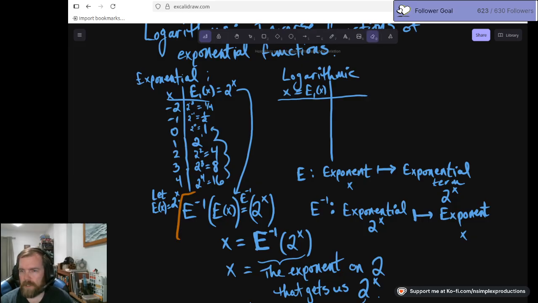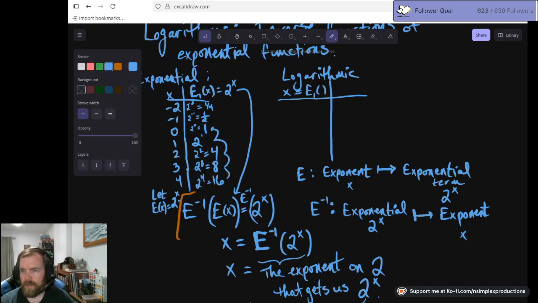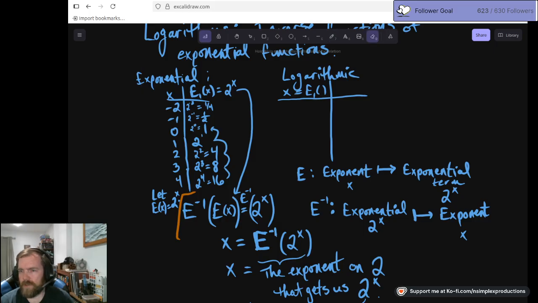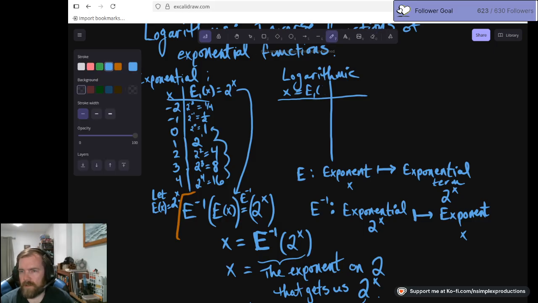That should really be e inverse of 2 to the x.